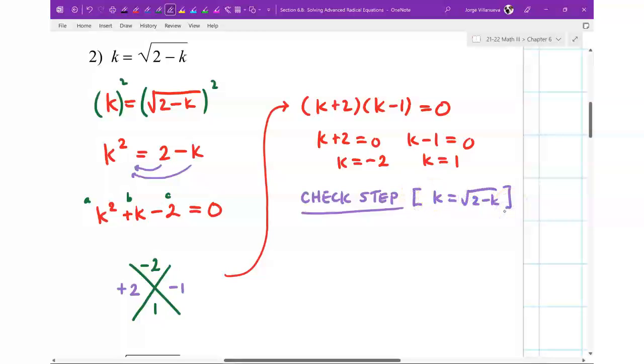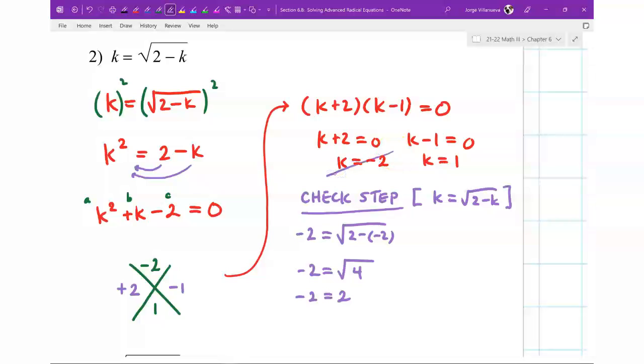So if I plug in a negative 2, I get negative 2 equals the square root of 2 minus negative 2. So negative 2 is equal to the square root of 4. So negative 2 is equal to 2. Well, that's not true, right? So this is an extraneous solution. That doesn't work.